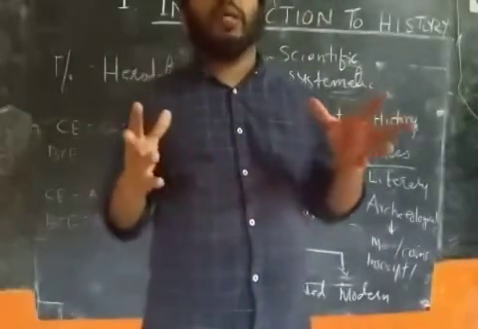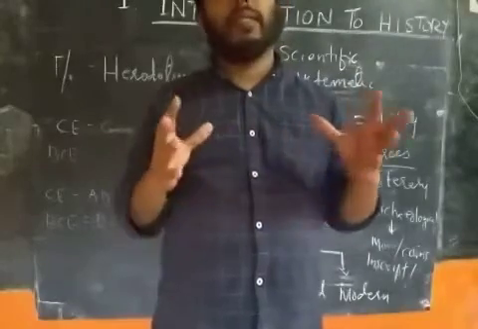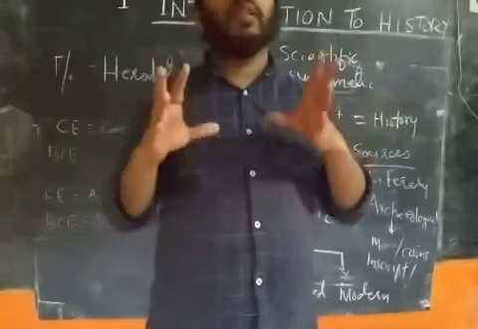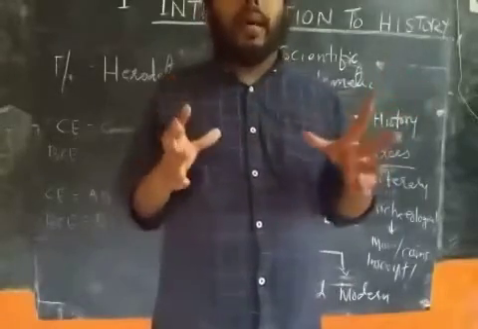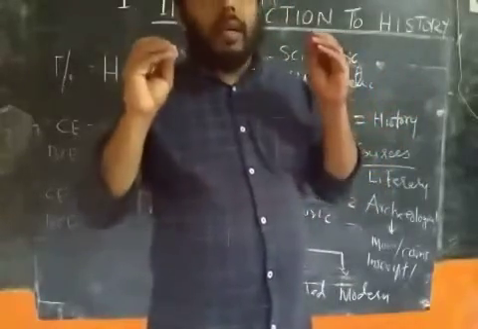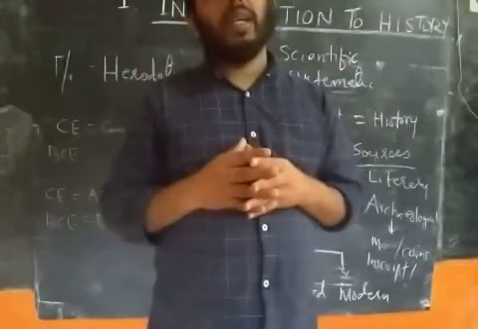And my dear students, in the previous class we were discussing the first chapter of history, the introduction to history. In this chapter we are mainly studying what history is, what is meant by history, and what the definition of history is.